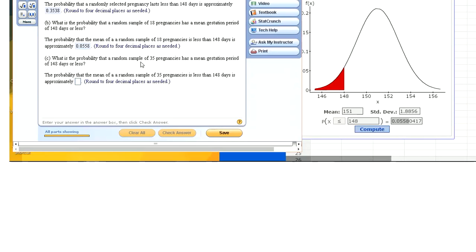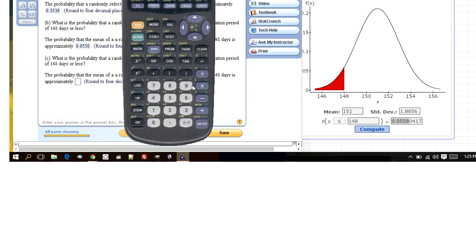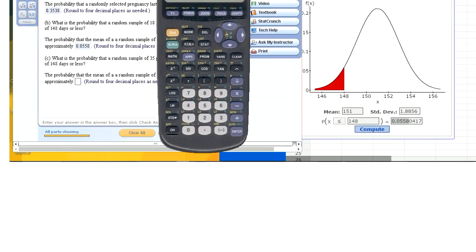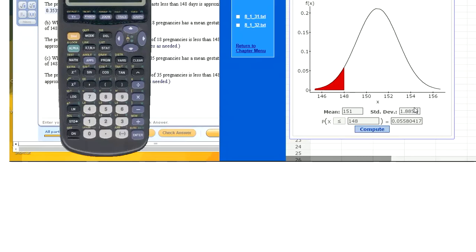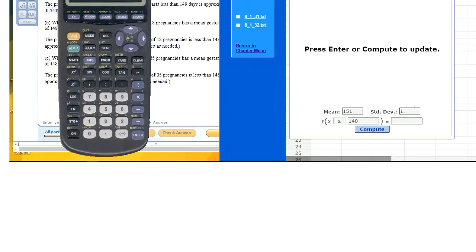Okay. What's the probability the random sample of 35 has a mean of 148 or less? Okay, so the only difference now is this standard deviation is going to be even less. So let's do 8 divided by the square root of 35. 1.3522.